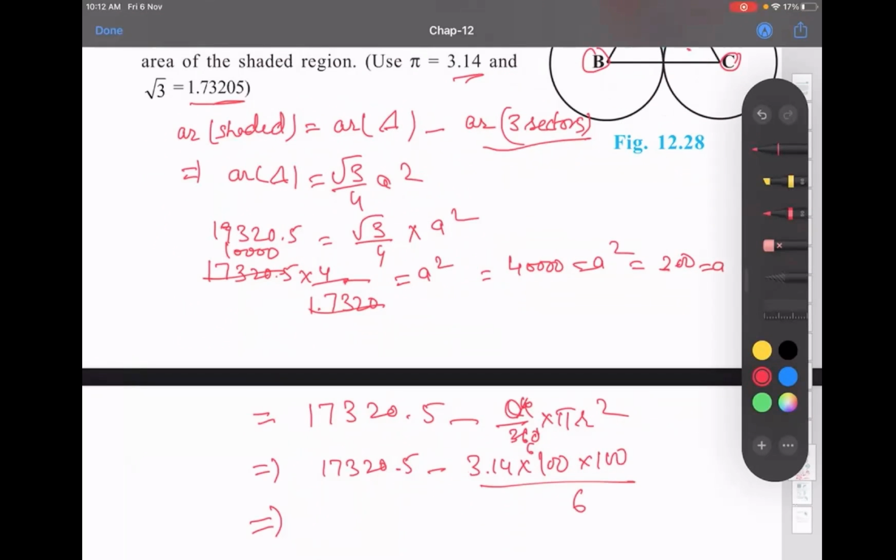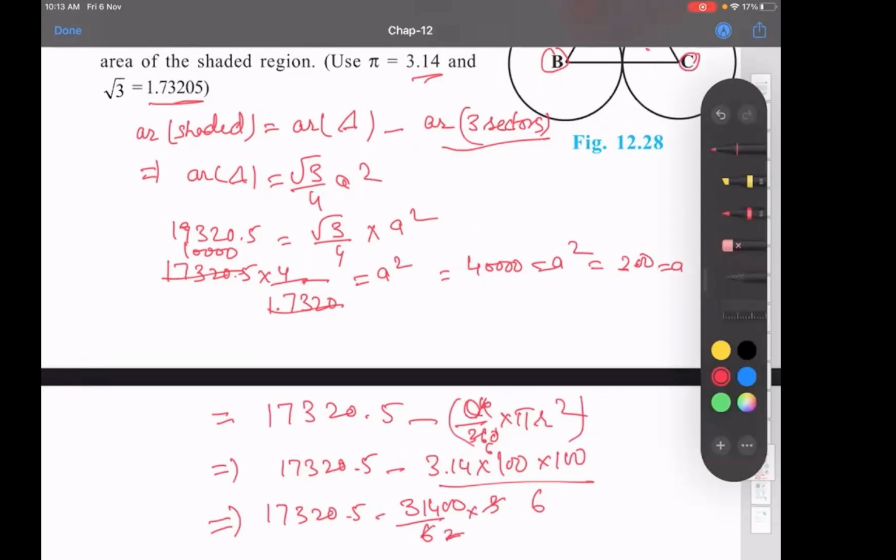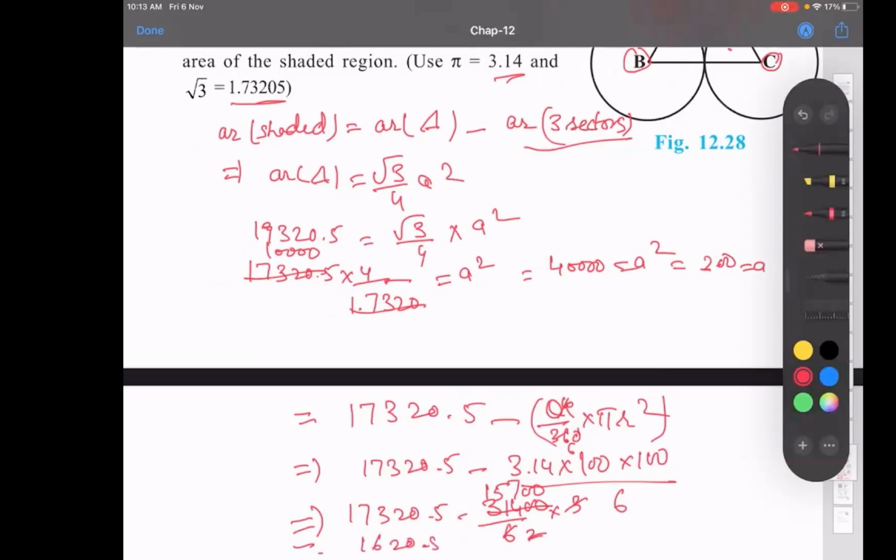By calculating it and multiplying by 3, then subtracting, we get 1620.5 centimeters square.